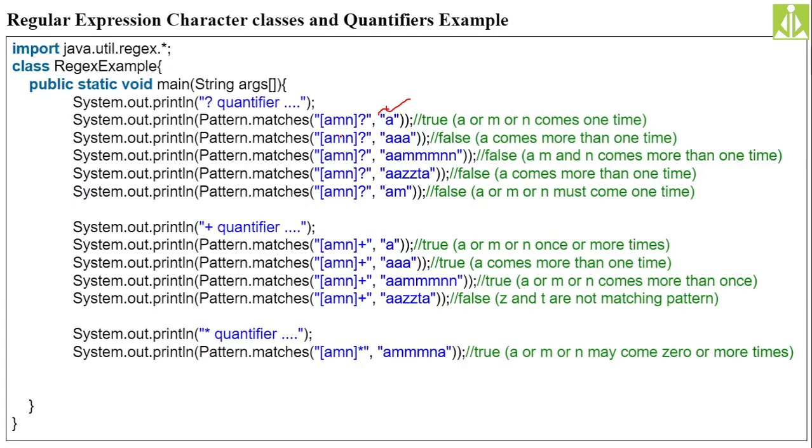So here the question mark qualifier is giving the meaning once. So A is occurring once, so you will get true. Here also the question mark qualifier is giving the meaning of once, but A is occurring 3 times, so this is false. A, M, M, M, N, N, N, this is also false. This is also false because Z is occurring over here. That is not allowed. A, M, it is also false. Only one character, A, M, N, we are keeping in square brackets. It will constitute only one character, but A is occurring once and M is occurring once. So this is also false.